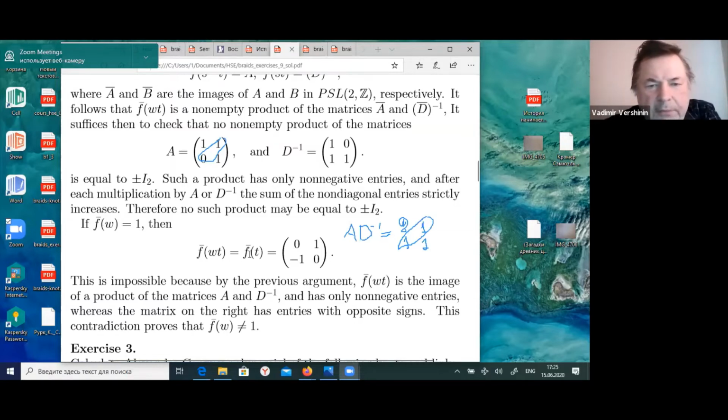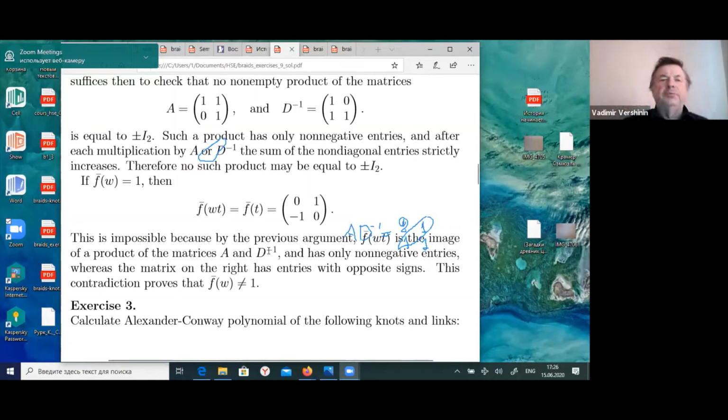We write this as 1, then it equals our F bar T, our beautiful matrices, but this is also impossible by the previous argument, because A and D minus 1 have only non-negative entries, and here the F of T has matrices of both signs, which is impossible.